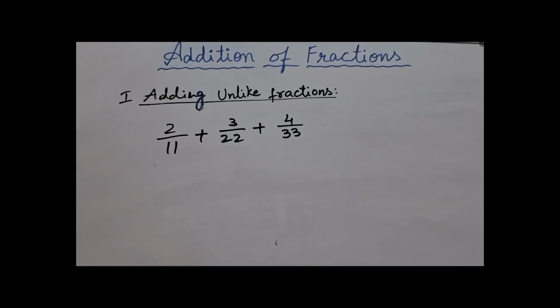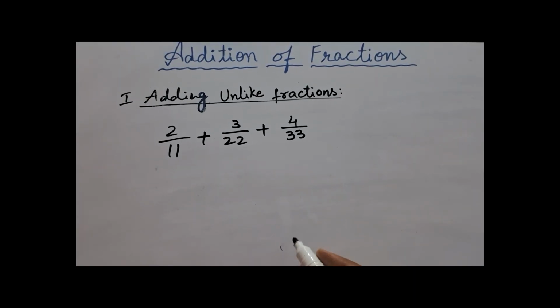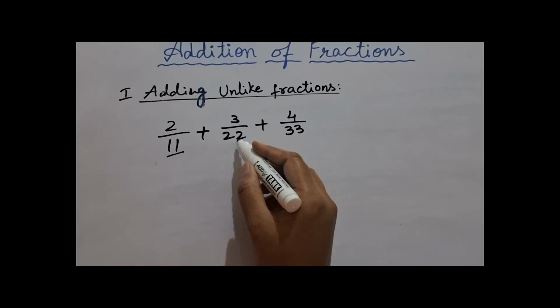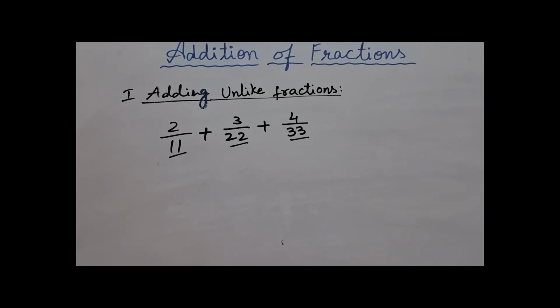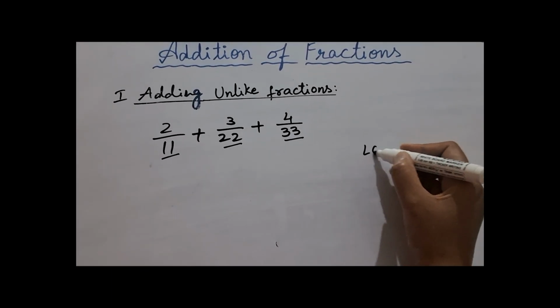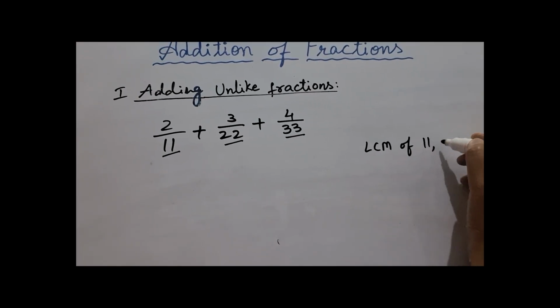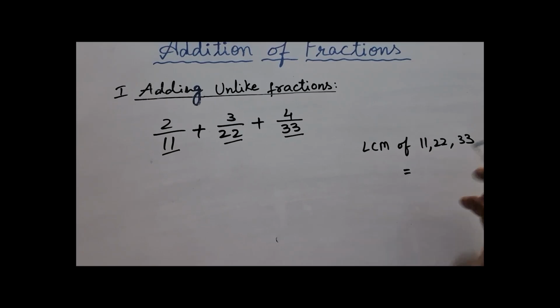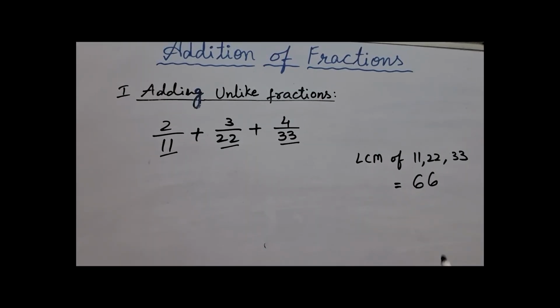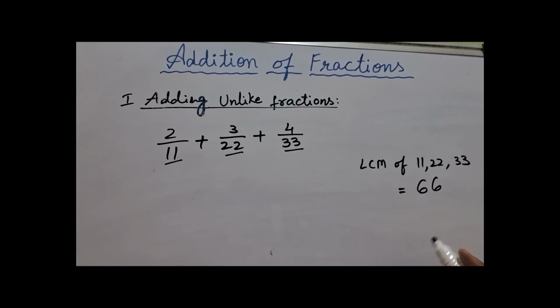Now let's add these three fractions children. The denominators are 11, 22 and 33. By taking the LCM of these three denominators, the LCM of 11, 22 and 33 is 66.